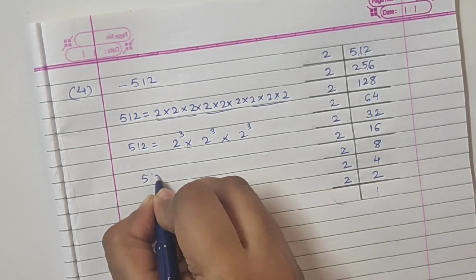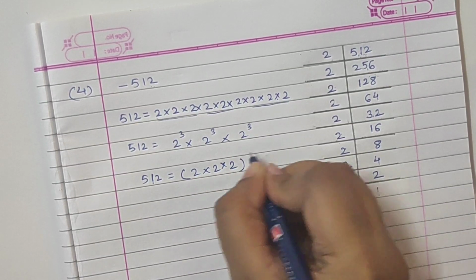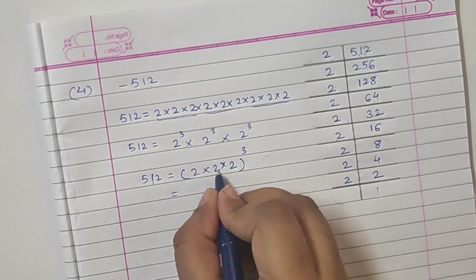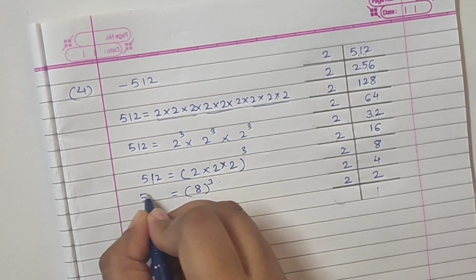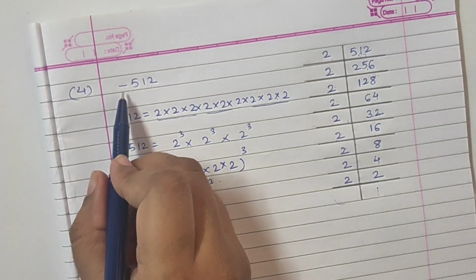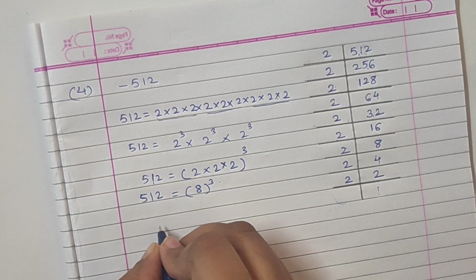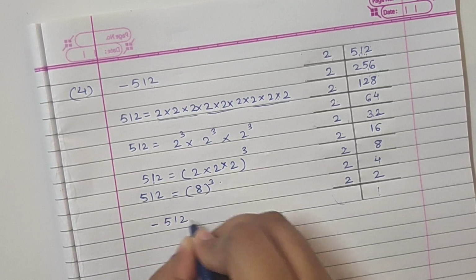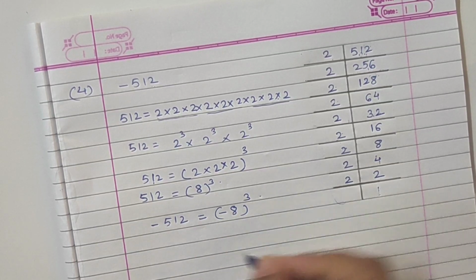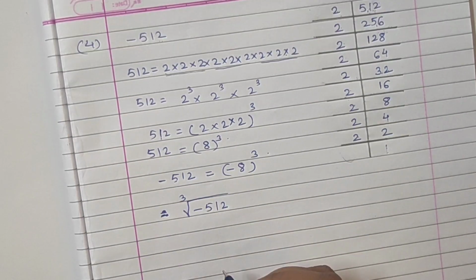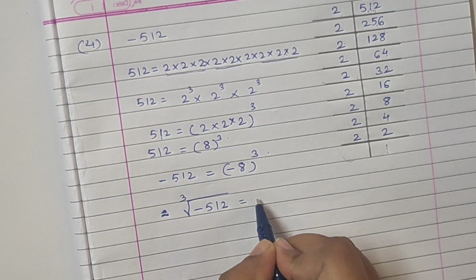So 512 is equal to 2 into 2 raised to power 3. 2 2s are 4. 4 2s are 8. 8 raised to power 3. But our question is carrying a minus sign. So minus 512 is equal to minus 8 raised to power 3. Therefore cube root of minus 512 is equal to minus 8.